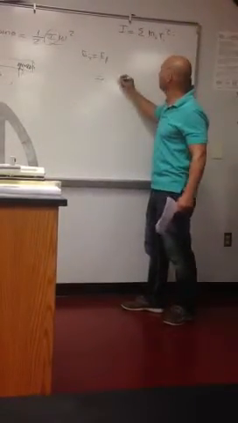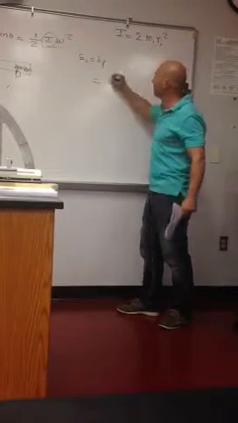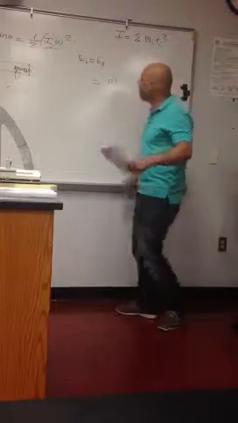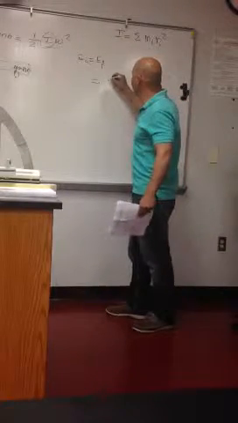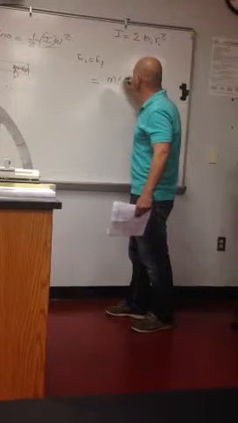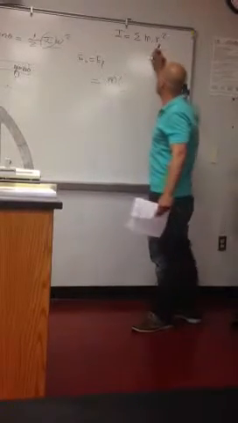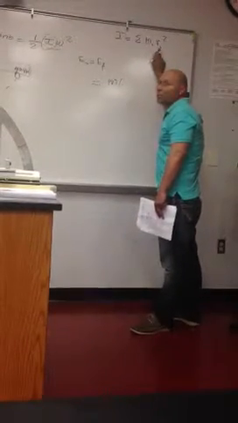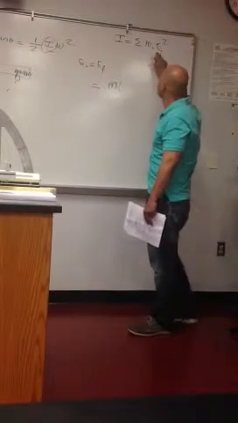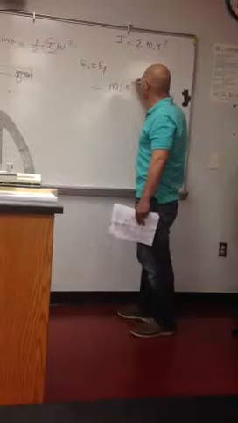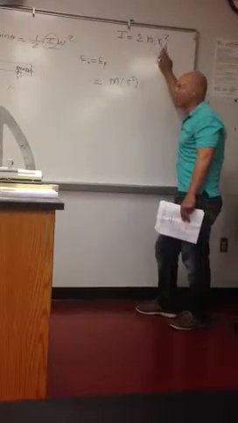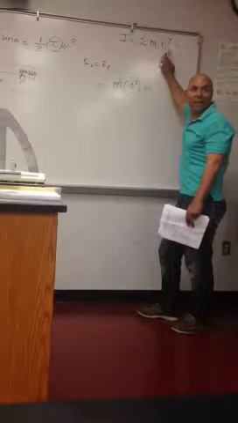Identical particles. The summation of the first, m. So m, how many m? We have m times what? What is the distance to the axis of rotation? 0.5 squared, and plus the second mass times what? 0.80 squared.